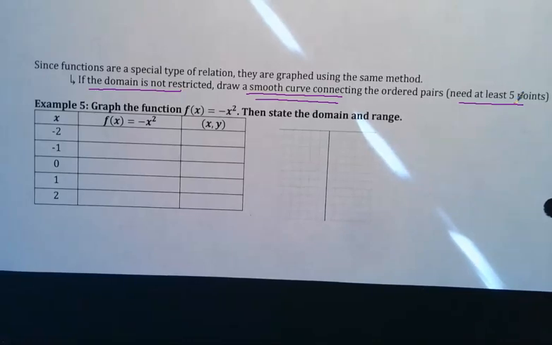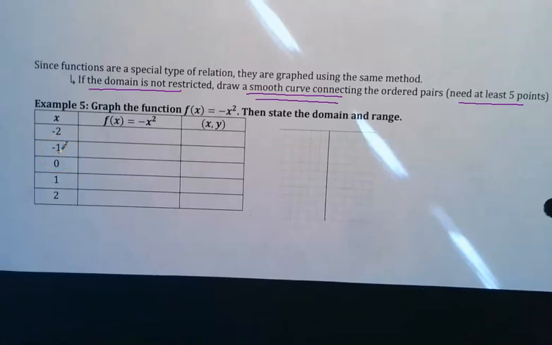You wouldn't want to pick 3 in there because you don't know the square root of 3. That would make your life harder. So if you have a fraction like 1/2 x, you would want to pick numbers that were even because you could take a half of 2, half of 4, half of 6. Sometimes it's about looking at them and picking numbers, but we'll work on that a little bit more later. But I did give you these 5 numbers here, -2, -1, 0, 1, and 2. If nothing else, those are a good 5 to pick.